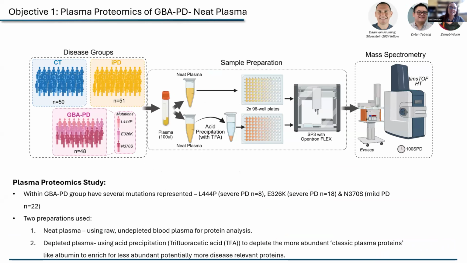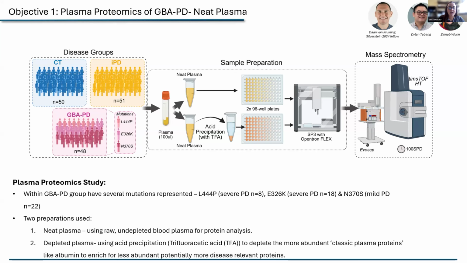So today I'm going to be focusing on some preliminary data. This has yet to be validated for the plasma proteomics for the GBA PD neat plasma. And I want to thank Dan for sending us these 150 plasma samples in quick succession.